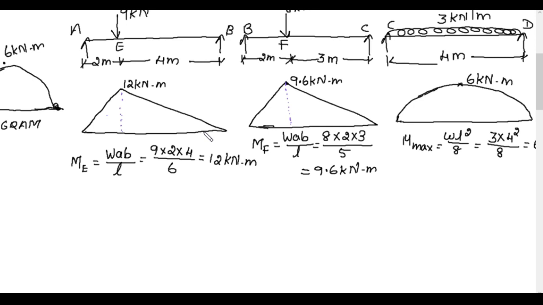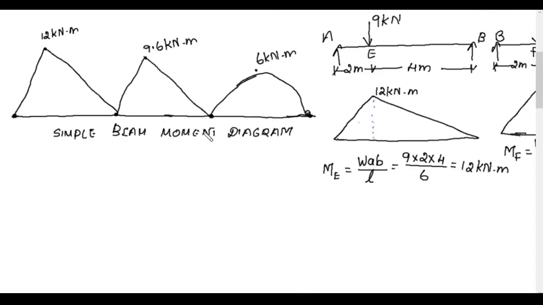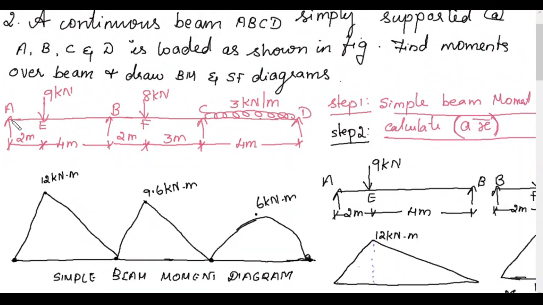Now there are two unknowns. Since the extreme supports are simple supports, at extreme supports the bending moment will be equal to 0. That is, MA will be equal to 0 and MD will be equal to 0. All intermediate supports will be subjected to some bending moment.